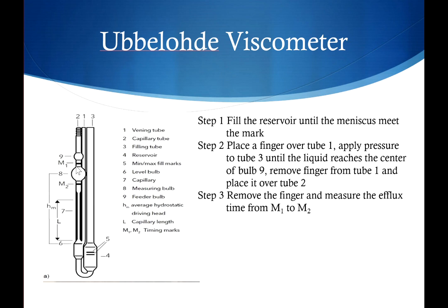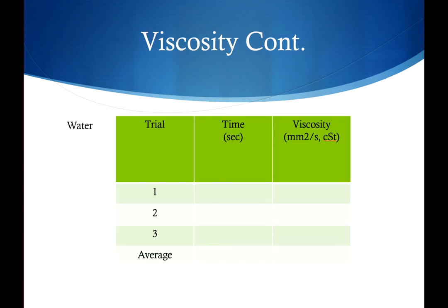So we have to get that time in our experiment. Here we have the table for the viscosity, where again we have 3 trials, number 1, number 2, and number 3. We will get our times from the Abel-Hout viscometer, record 3 times, and calculate an average.